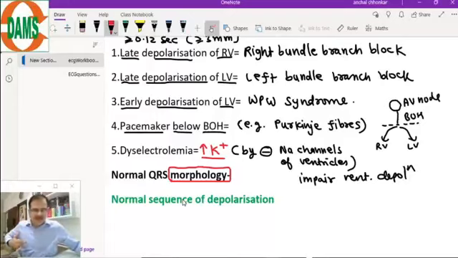For example, it will be different in the V1 lead, which is right of the sternum, and totally different in the left side leads, because they are looking at the heart from different angles. For ventricle pathologies, usually we take the chest leads, because they are placed directly over the heart.